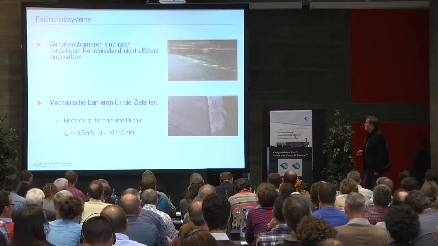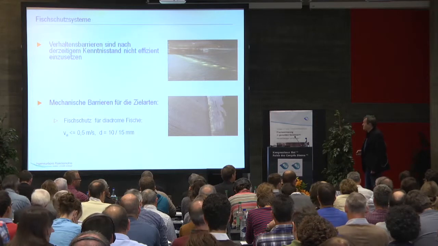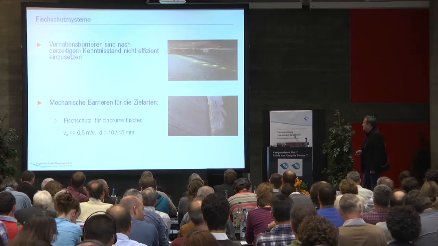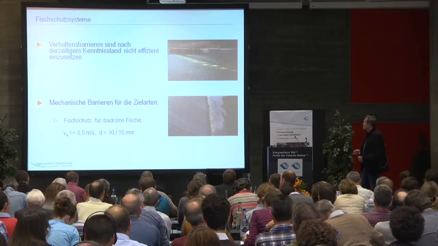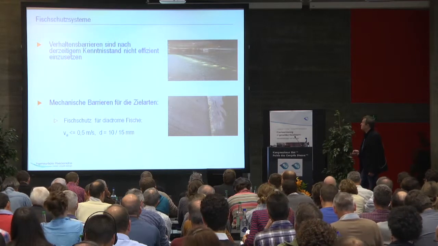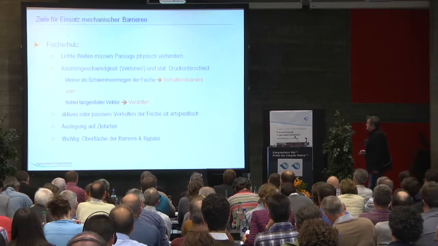This is the case for the protection of diadromous fish, for instance, 10 millimeter distances for salmon smolts. And here the phase velocity is reduced to less than 0.5 meters per second.